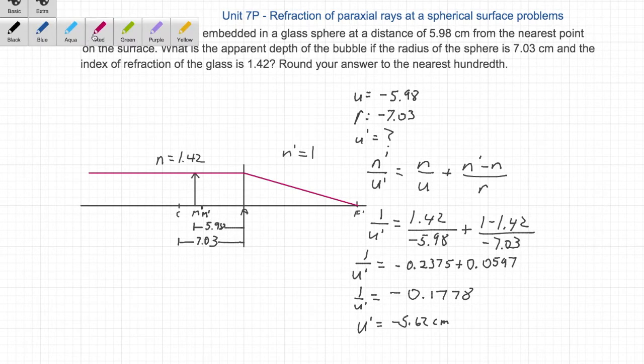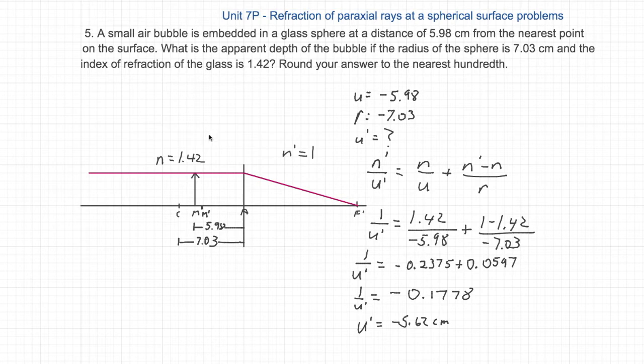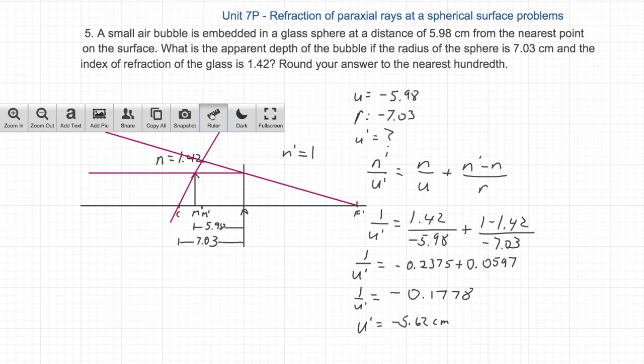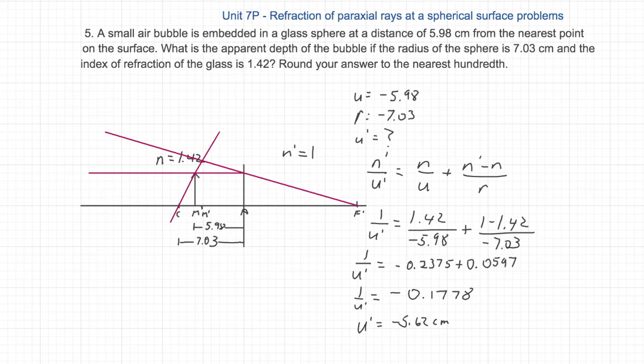So we expect it to be right around there, a little closer to the surface than the object is. And if we extend our ray to the focal point and send a ray to the center, that's just about where the image is formed, right there.